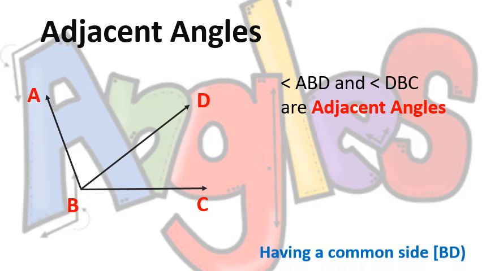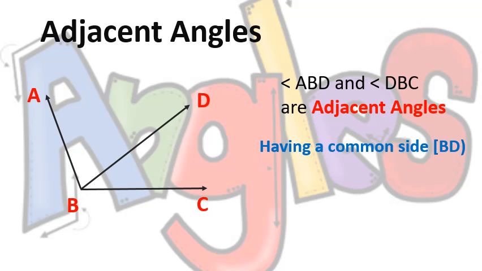So, what is the common side that we have over here? It's BD. This is the common side. Again, we are talking about this angle and this angle. Both of them are adjacent angles because they have a common side. What else do they have? They have a common vertex. What's the vertex over here?